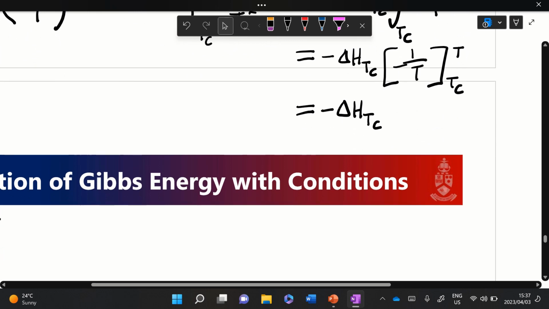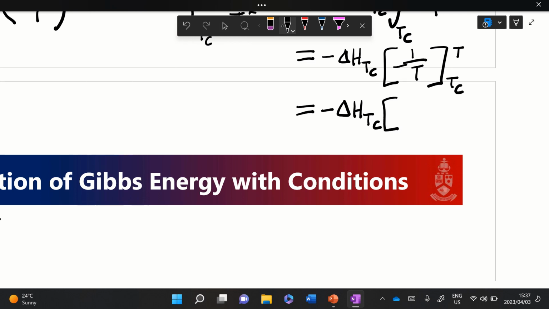Substitute in those values, so then it is 1 over T minus 1 over Tc.